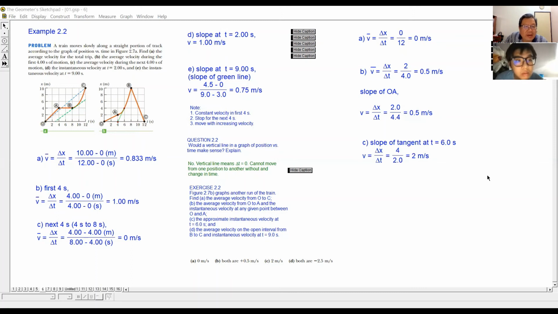Not really wrong, but the direction is wrong. You have to use the final position minus the initial position. What's the final position? The final position is 0 here. The initial position, oh sorry, is here. This one. So 0 minus 10. Correct. 0 minus 10.